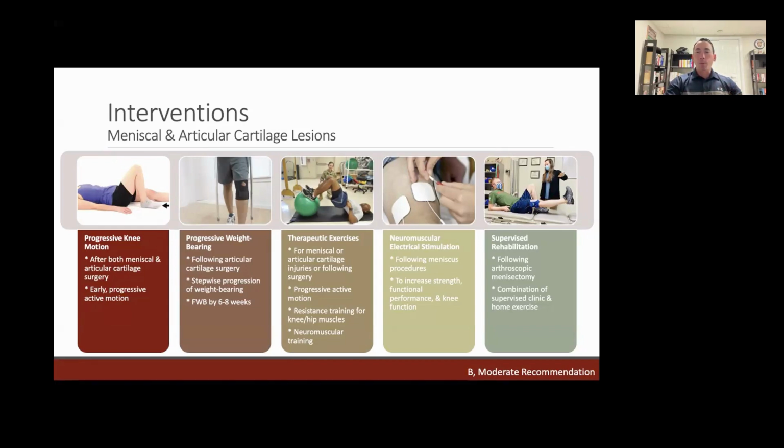Again, optimal parameters are not really well known, but you can use the evidence that exists for ACL reconstruction as a framework. And lastly, you should use supervised rehabilitation programs after arthroscopic meniscectomy, and also provide and supervise the progression of a home-based exercise program, providing education to ensure correct exercise performance.